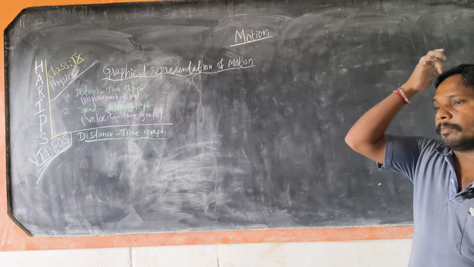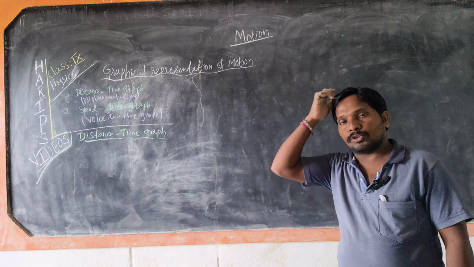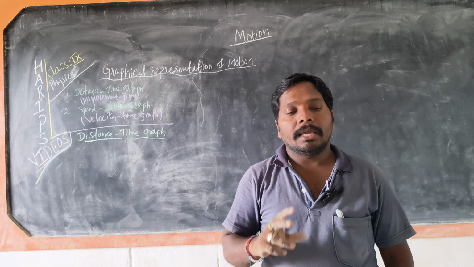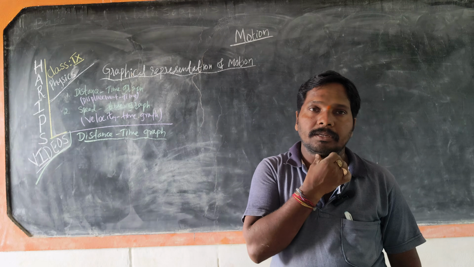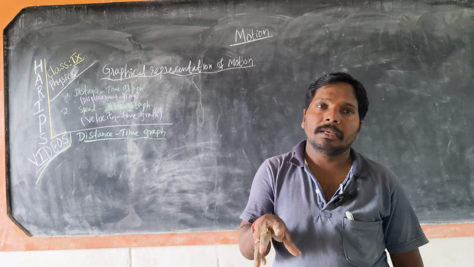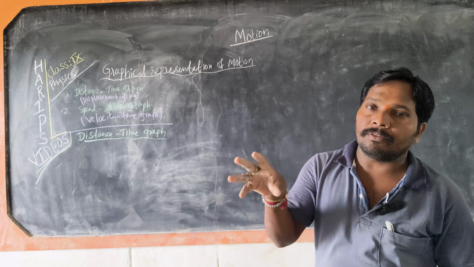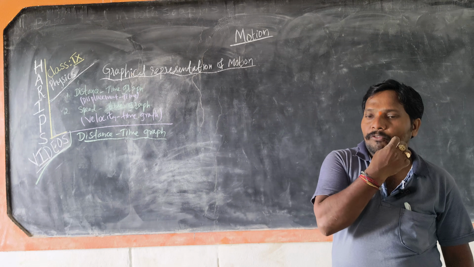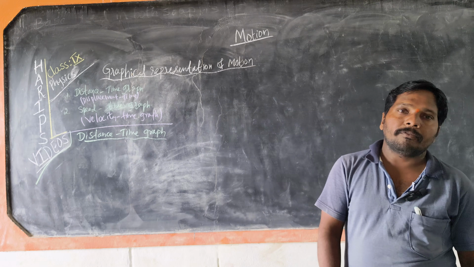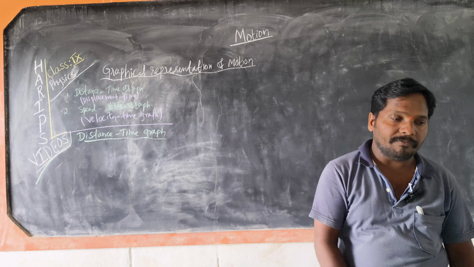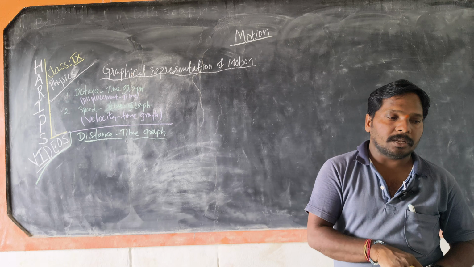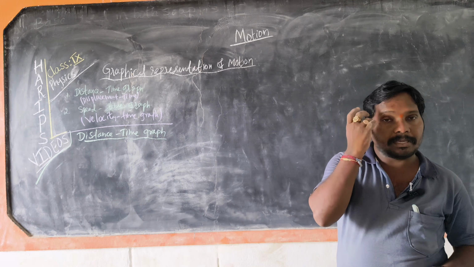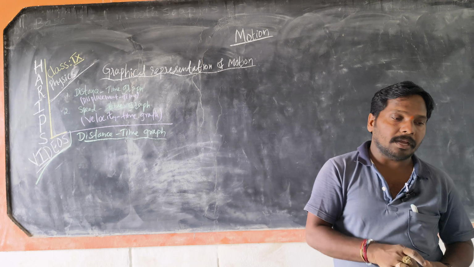We know if a body is in uniform motion, it covers equal distances in equal intervals of time. If we draw a graph for that uniform motion of a body, we can calculate the speed or the velocity.